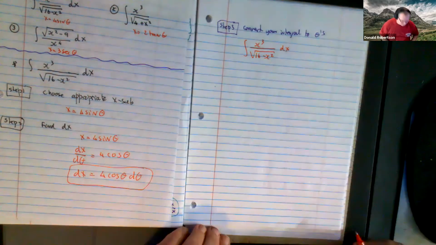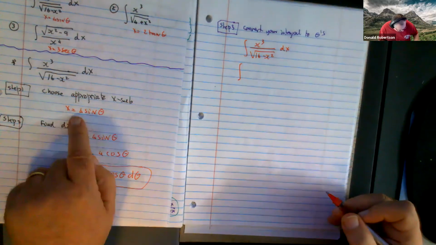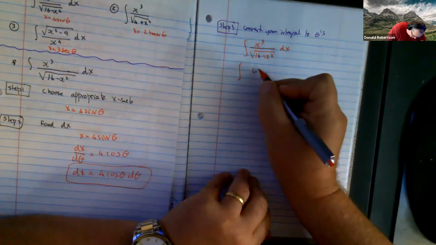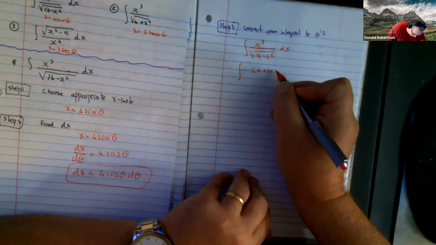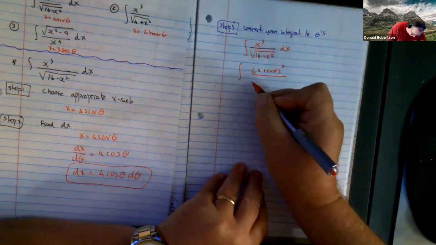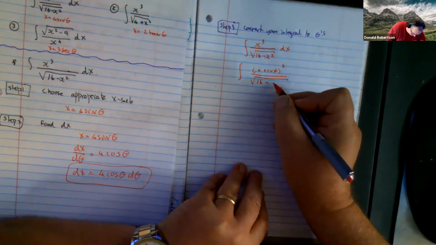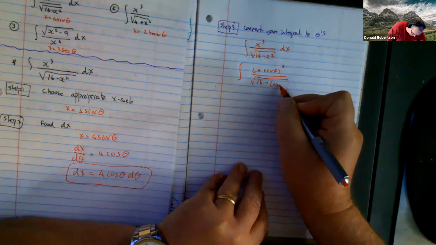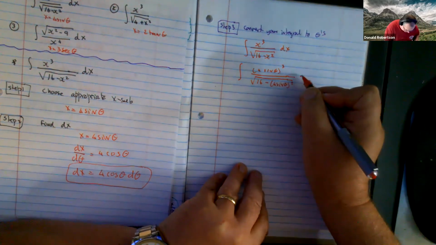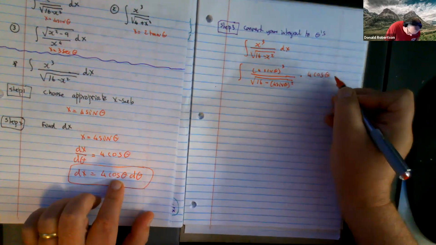That's the one we're doing. Every x is going to be replaced by 4 sine theta. So this guy is 4 sine theta cubed. This guy inside the square root is 16 take away 4 sine theta squared. This dx is going to be replaced by 4 cosine theta d theta.